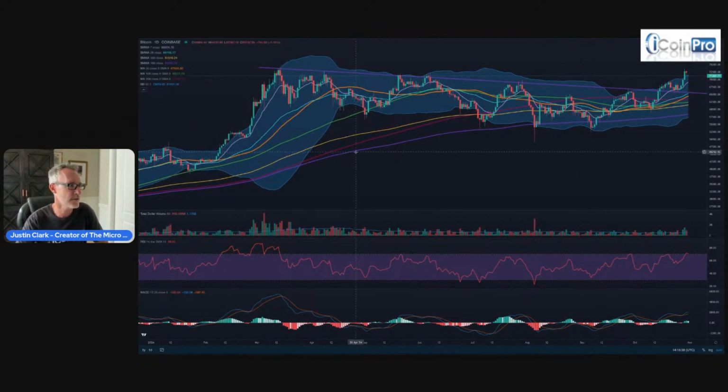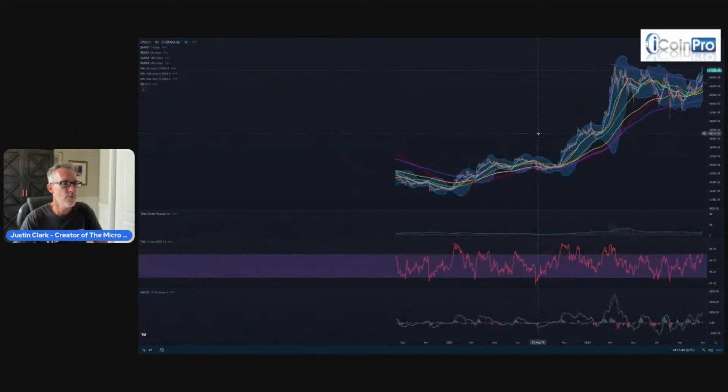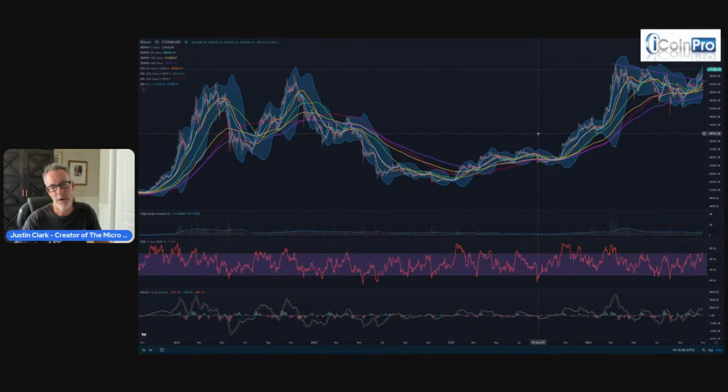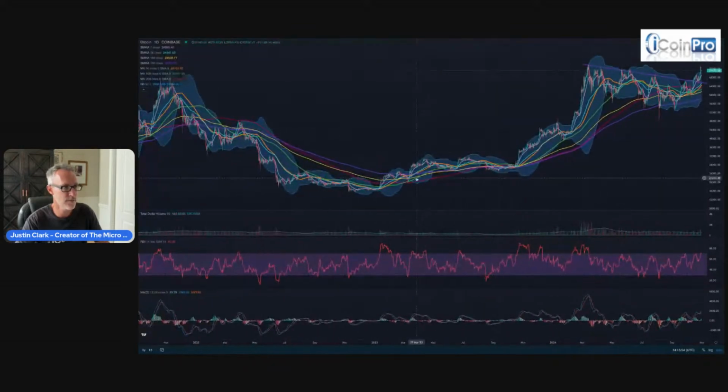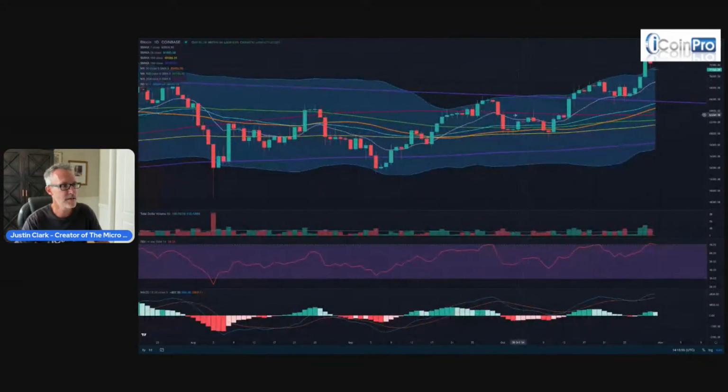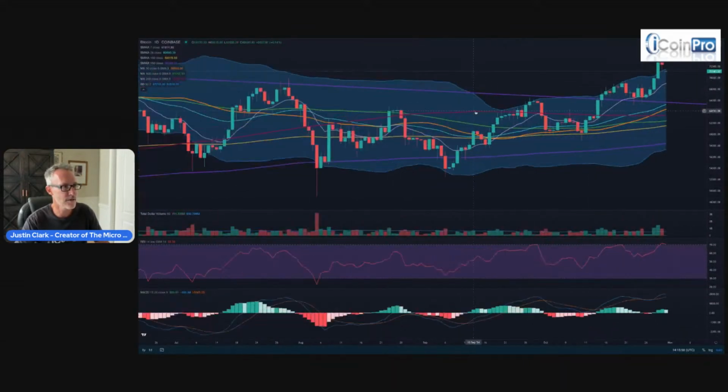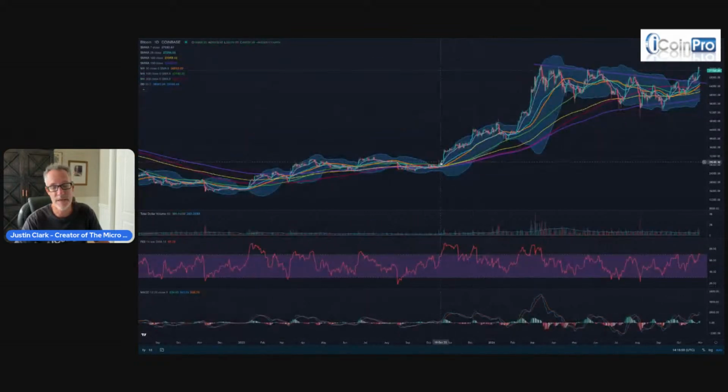We have a bunch of these. They're called moving averages. This purple one, this maroon one, gold, green, etc. You don't need to know how this is all calculated and how these lines are created. All you need to know is this: when the price action, which is these red candles and green candles, looks like Christmas, sometimes it's like Christmas, sometimes it's not, depending on the candles.